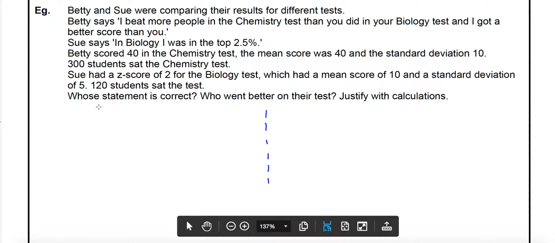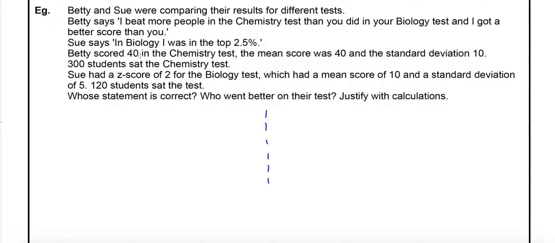This is where our information comes in, which is going to allow us to actually work out who did have the better score. So Betty scored 40 in her chemistry test, and you'll see here that the mean score was 40 as well. So if Betty scored the same as the mean, it means her Z score was 0. We know that about Z scores, that if they're equal to the mean, they are 0.